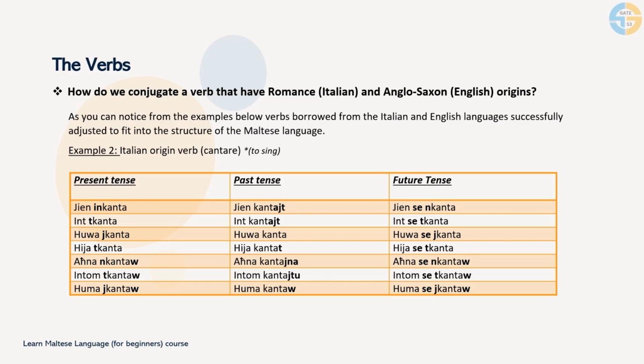In Maltese, cantare is canta. So this has been changed, and the present tense is changed like this. Jien inkanta, inti tkanta, huwa jkanta, hija tkanta, aħna nkantaw, intom tkantaw, huma jkantaw.